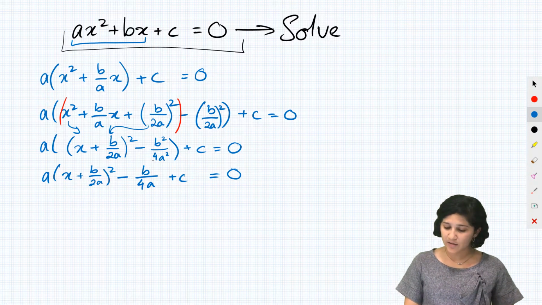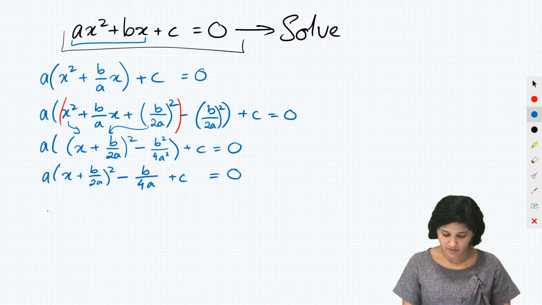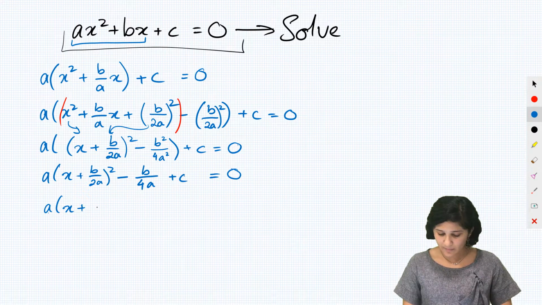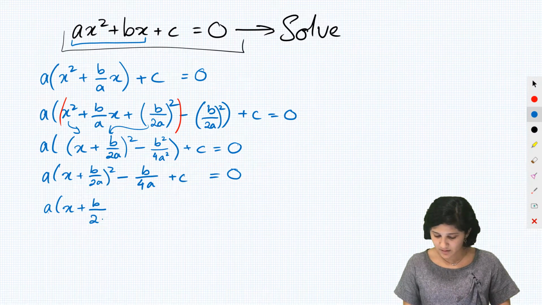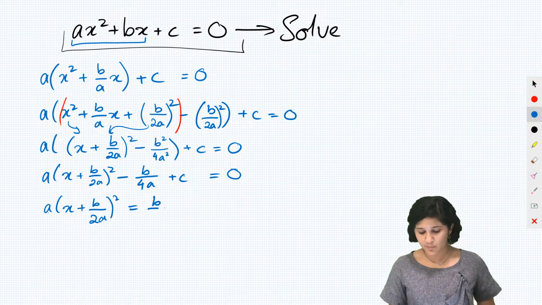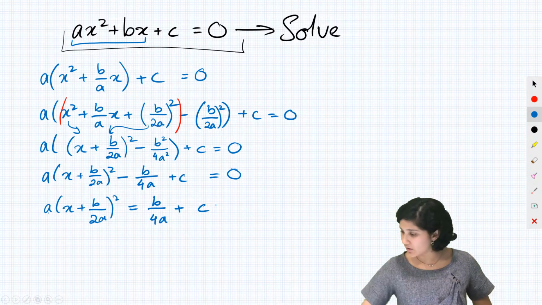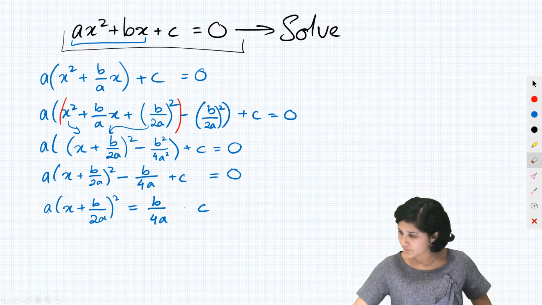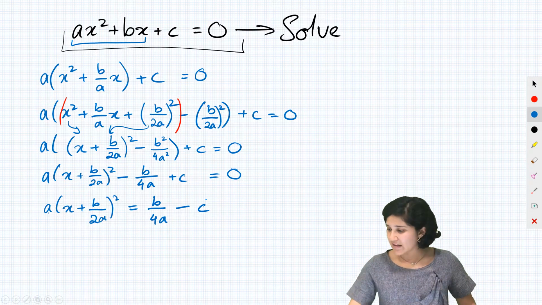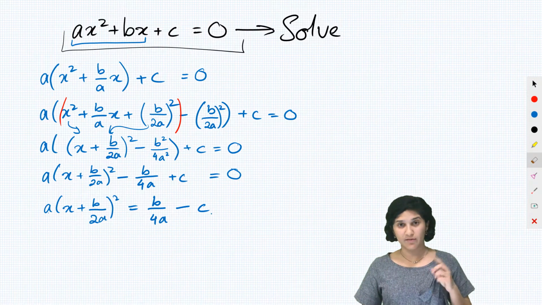Alright, so now I'm going to move this whole thing to the other side. So on the left hand side, I've just got that equals positive b squared on 4a plus c. So that should be a minus c. And now instead of just writing c here, I'm actually going to try and combine these two terms into one fraction.